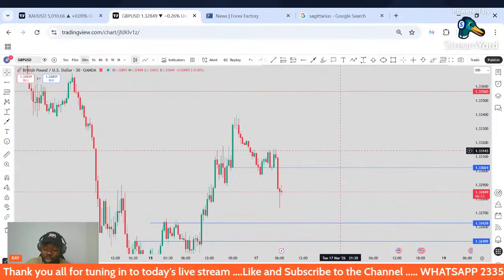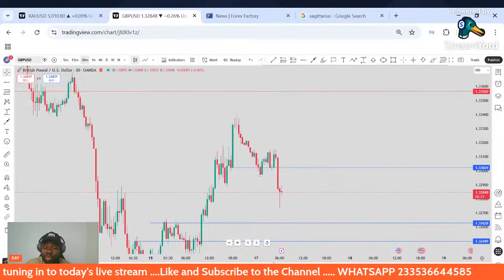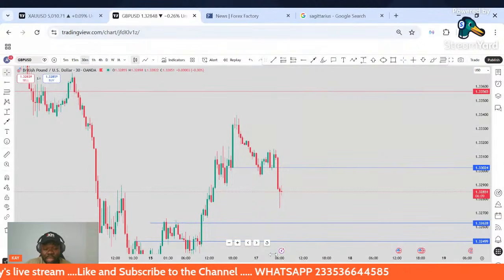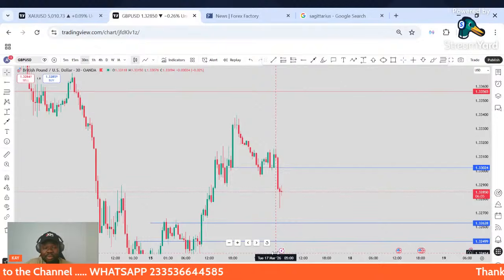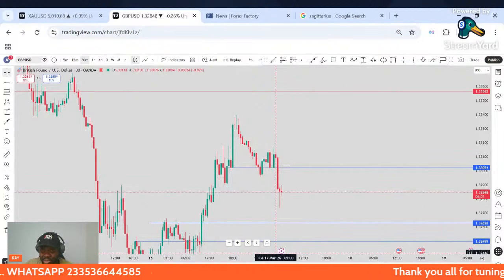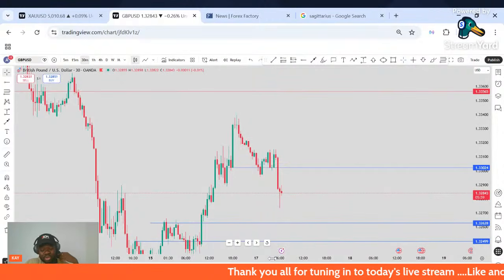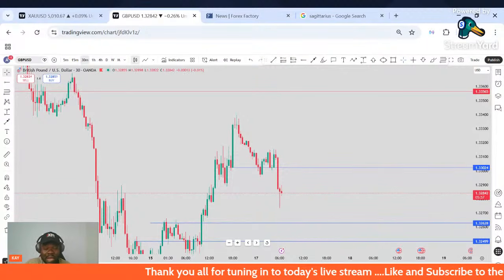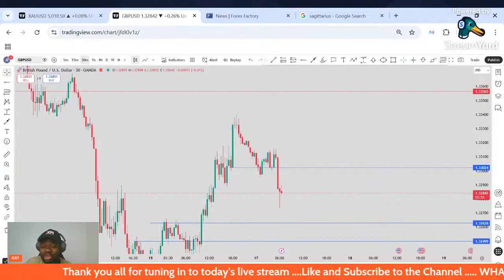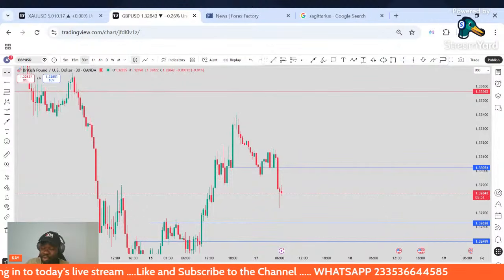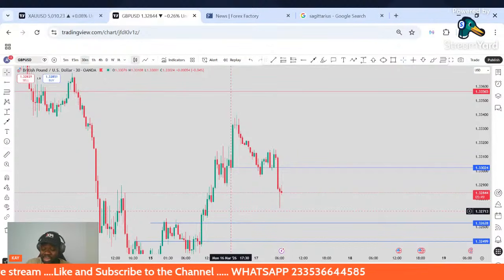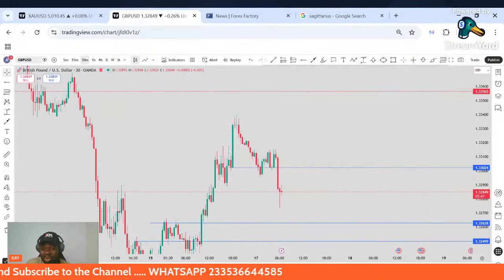If you want to be good at trading, good at technical analysis, if you want to be profitable, you need to show up every single day. If you have observed me, you see how consistent I am. There was no single day I've not shown up on this chart. Every single day I'm showing up. That is why some of you admire the way I analyze the chart, because I show up every day.